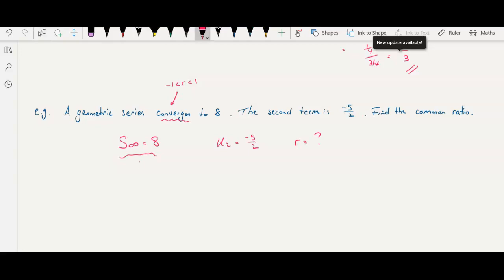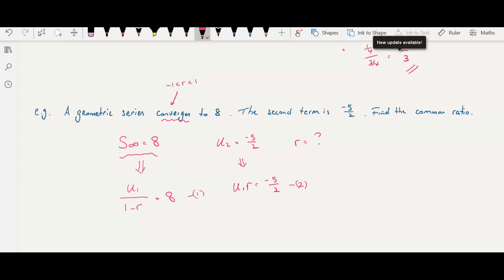So what this tells me is that u1 over 1 minus r is equal to 8. That's not enough information to go on. I've got 2 unknowns here. What this also tells me is that u1 times r is equal to -5/2. So I can use my 2 equations to advantage.